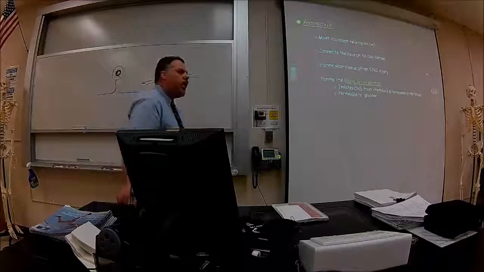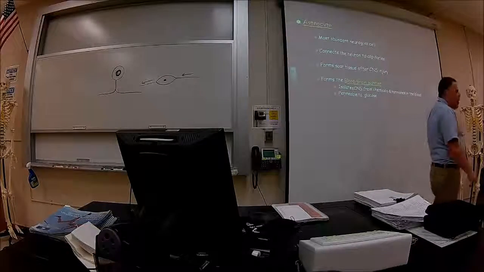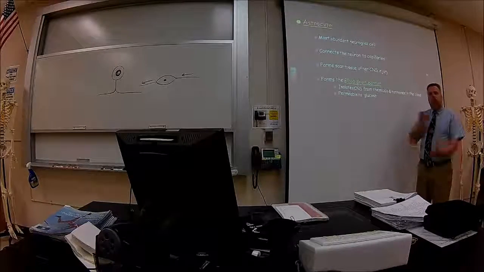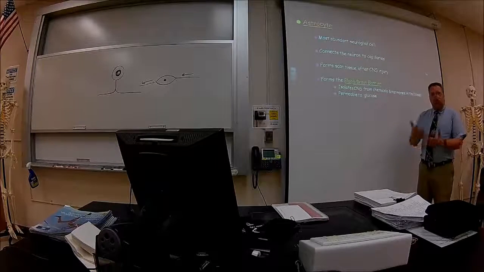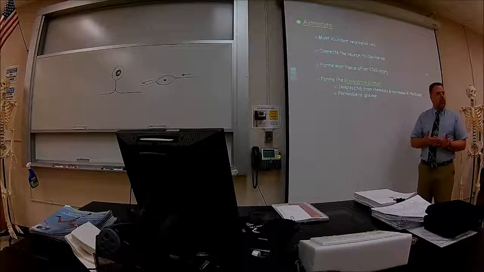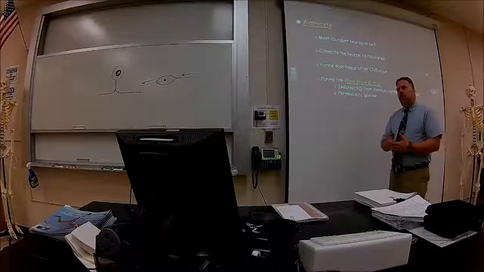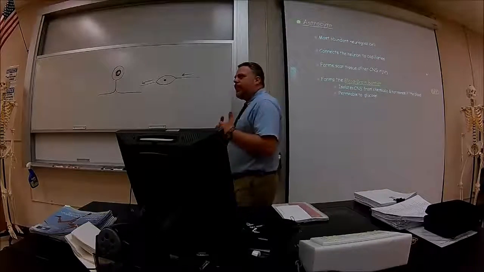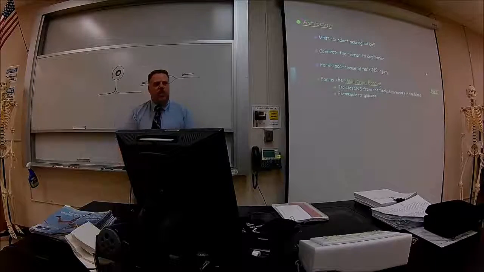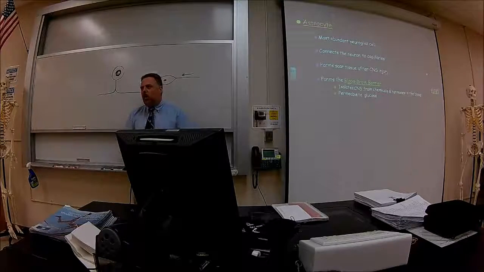Now this is a double-edged sword. It's doing a wonderful thing. It's blocking the bacteria and viruses from getting into the brain. But it's also going to limit what medications can get into the brain.